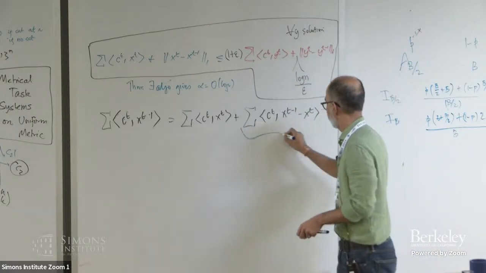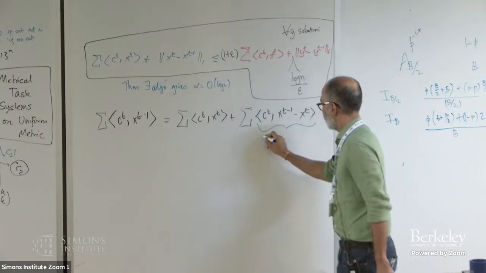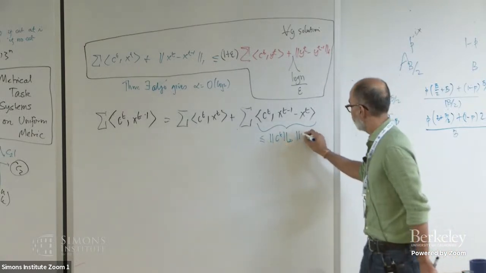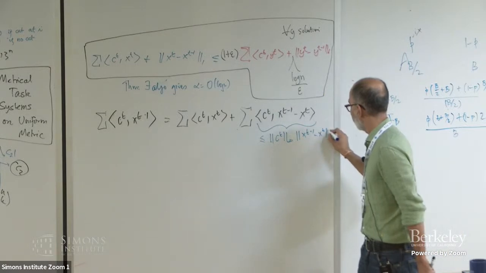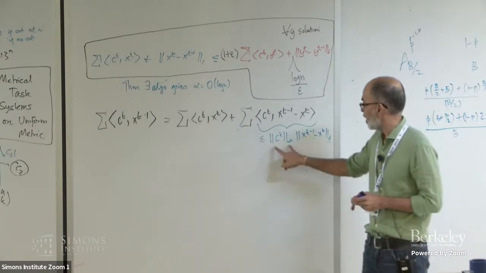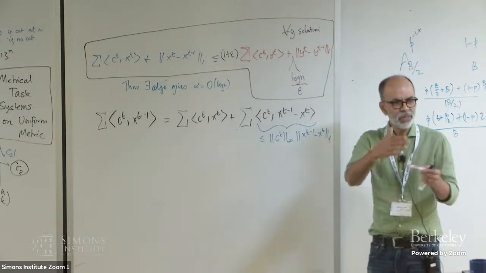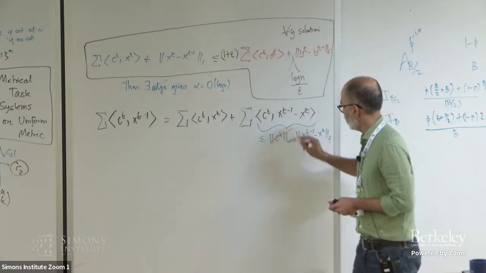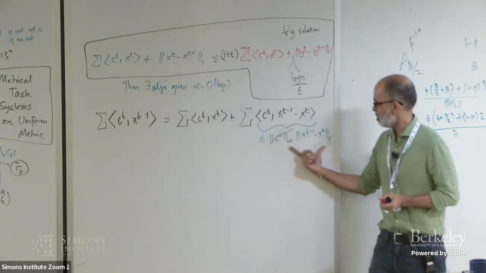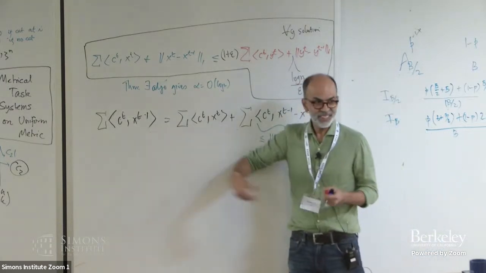What is this? Let's just look at one of these terms. It's at most the infinity norm of c_t times the L1 norm of the difference. What do we know about the infinity norm of the cost vectors when we are playing experts? We usually bound them between 0 and 1. What have we done? We've got c_t x_t plus the movement cost, which is an upper bound on my cost in regret.